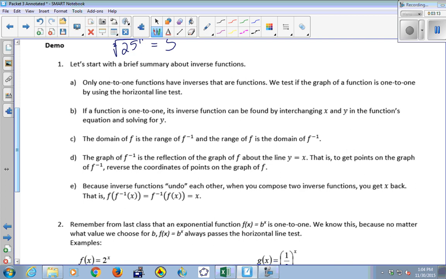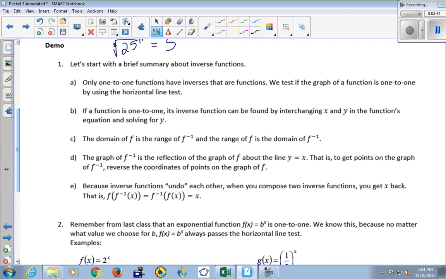The domain of a function f is the range of f inverse, and the range of f is the domain of f inverse, right? A function and its inverse, the domain and range just swap. The graph of f inverse is the reflection of the graph of f about the line y equals x. So if you want to graph f inverse, just pick some points on f and swap their coordinates. Make the x's y and the y x, and you'll have points on f inverse.